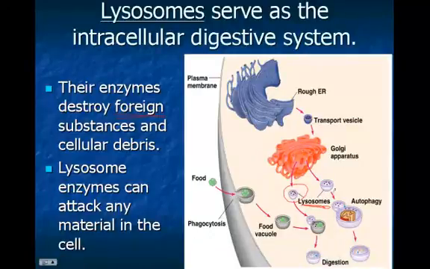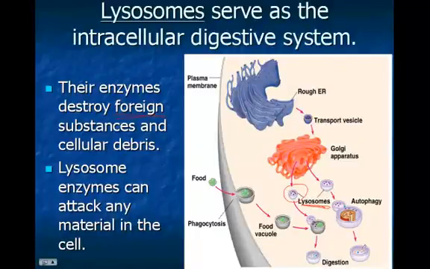Same thing here. Whenever parts of the cell start to break down, especially things like old organelles, we can package them. You can see they put a kind of broken down mitochondria in here. We can package that broken down mitochondria inside a membrane, a vesicle, and then fuse a lysosome with it.